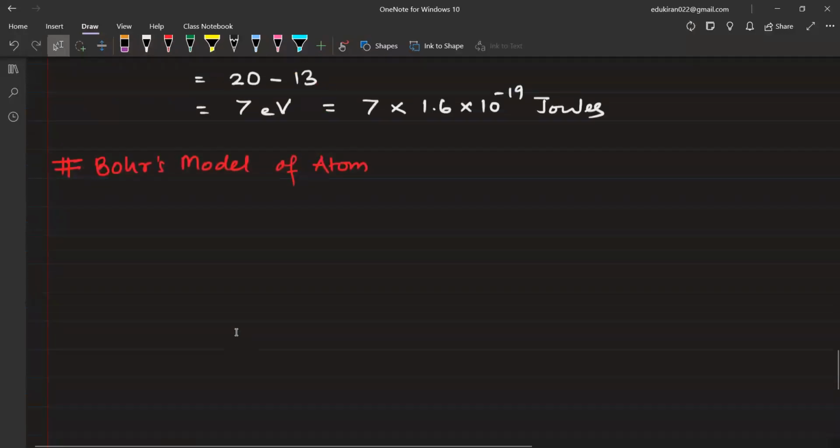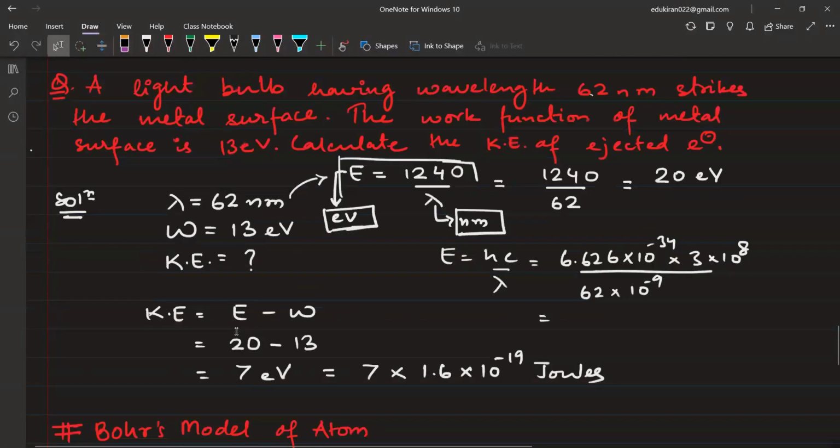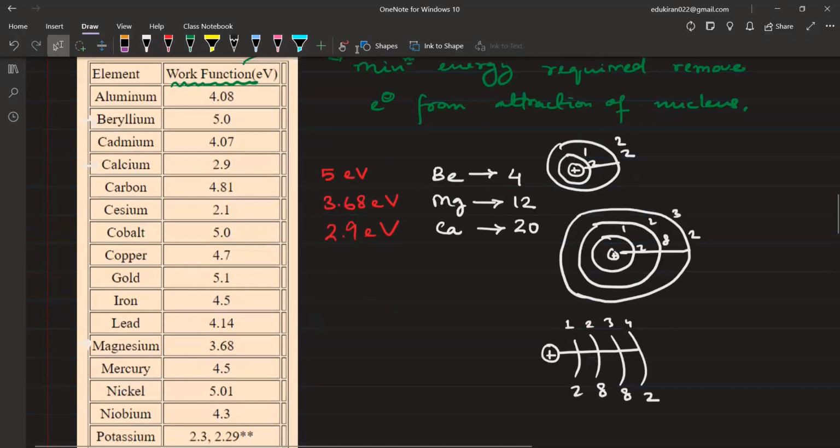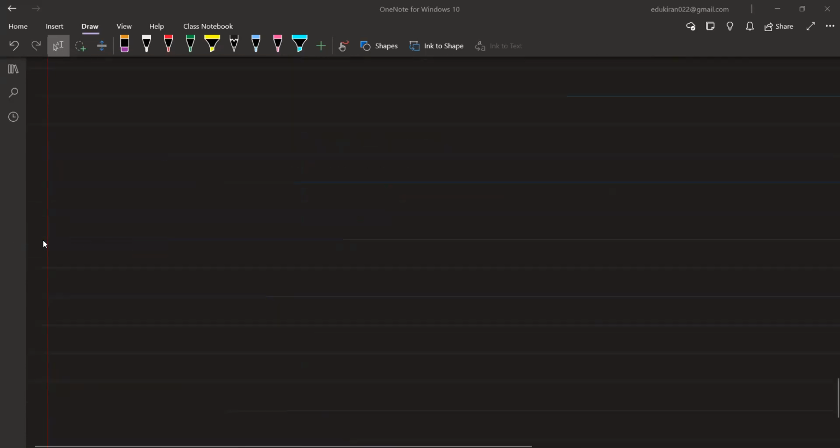As we saw that different metals have different work function. ठीक है. यानी कि हर एटम में जो इलेक्ट्रॉन है उसकी एनर्जी अलग है। देन ही सेड दैट एनर्जी अलग होने का मतलब ये है कि जो बेरिलियम का इलेक्ट्रॉन है वो थोड़ा दूर है, मैग्नीशियम वाला उससे और ज्यादा दूर है, तभी आसानी से निकल जा रहा है। It is away from the nucleus, that is why it is easy to break off. It is easy to break the attraction between nucleus and electron of magnesium than beryllium, और उससे भी आसान है कैल्शियम का. So he saw a trend and he said that what actually is happening is this.